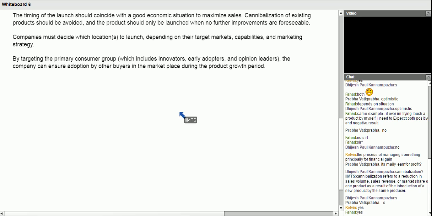Many companies make sure that they get good feedback about their product or services from these groups, because many people follow them, so their opinion matters. Once they give positive feedback, then at the time of growth the sales will rapidly grow for that product or service.